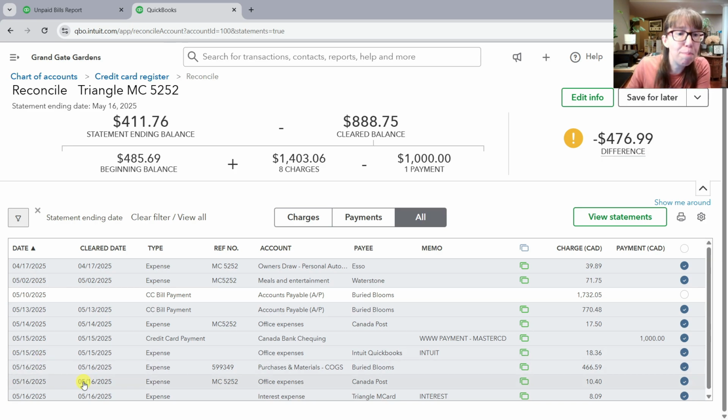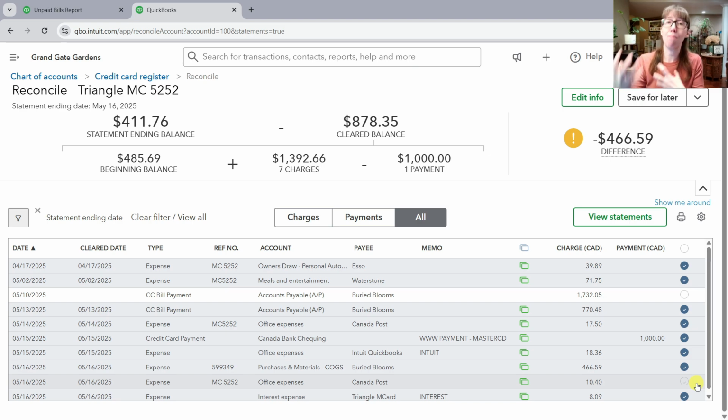It cleared the bank feed on May 16th, but it's not hitting the actual paper statement until May 17th. And because this 1040 is not on the paper statement, we uncheck it. Okay? You only have the little circle check if it's on the paper statement. That is the key in understanding how the bank reconciliation works.